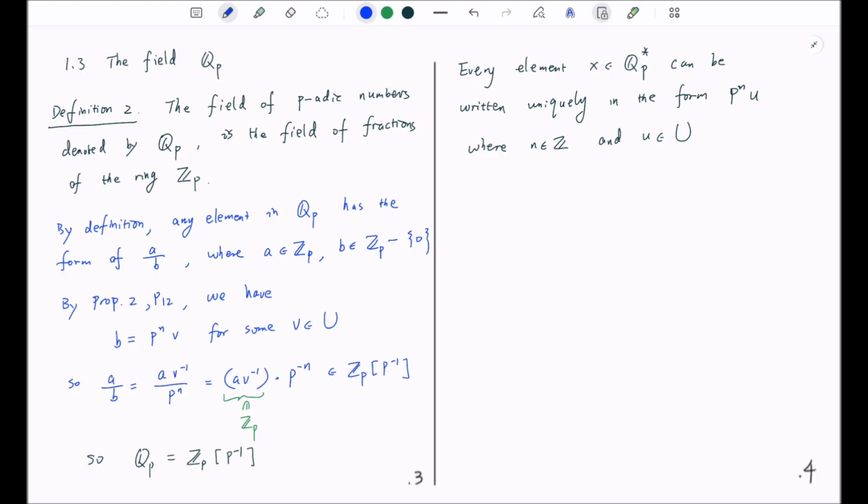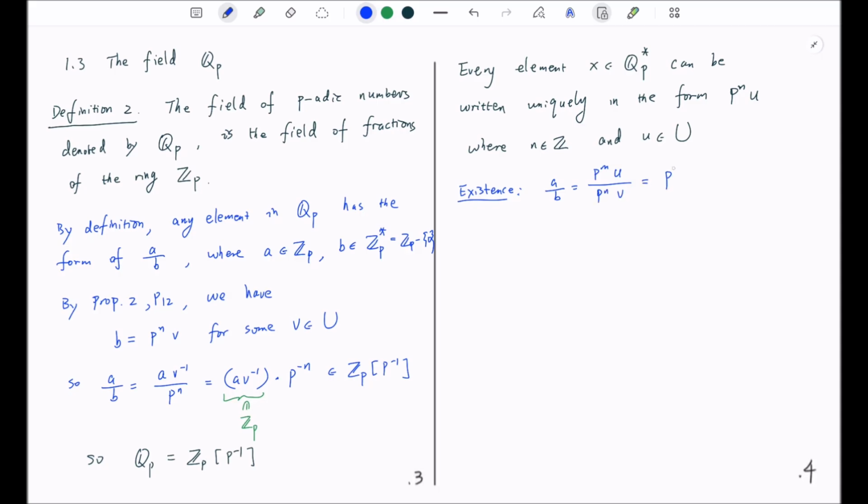The existence of this representation is clear, because A over B, a generic element in Q_p star, is equal to some p^m u divided by p^n v.